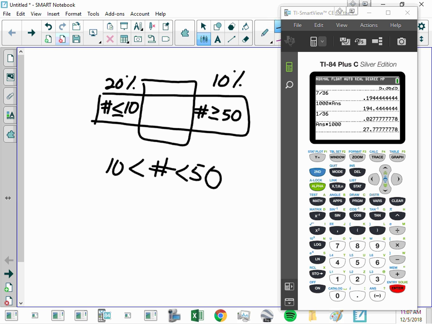So the 3 events are mutually exclusive, which means we can use the addition rule, which also means we could use the subtraction rule, right? The addition rule says the first group plus the second group plus the third group is equal to, what if I add group 1, group 2, and group 3, all of them would be 100%, right? So if I know 2 of the groups, then I can subtract them to find the third group, so 70% is the answer.